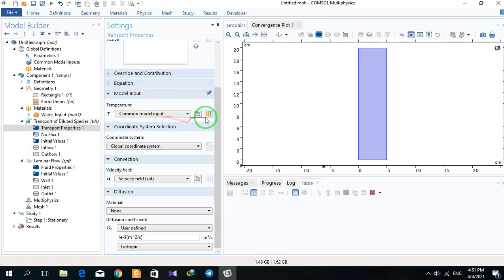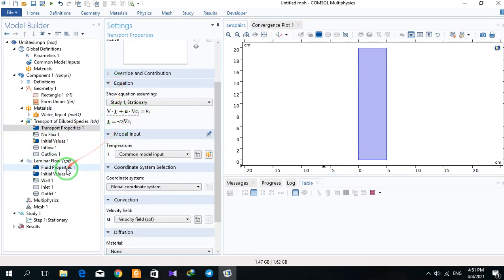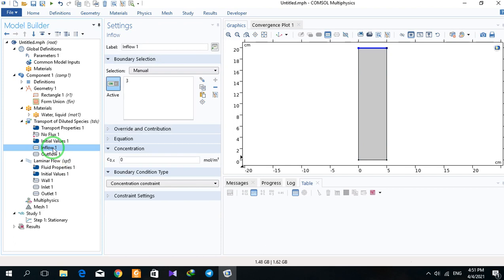The first one is diffusion, so we must define the diffusion coefficient between elements, and we must couple the fluid flow with mass transfer based on these equations. So it is our inflow.